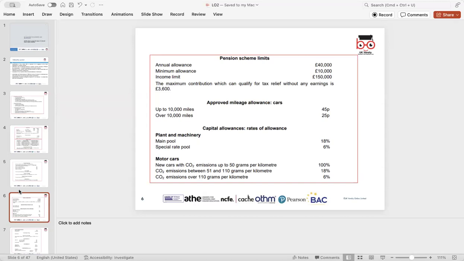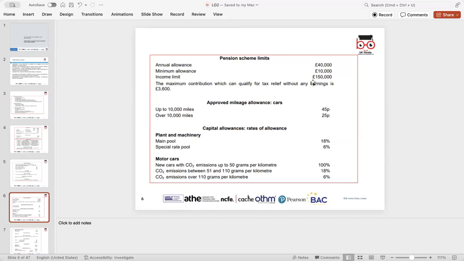However, there is also a minimum allowance of £10,000, which ensures that individuals with lower incomes can still benefit from tax relief on their pension contributions. There is also an income limit of £150,000, beyond which the annual allowance may be reduced.